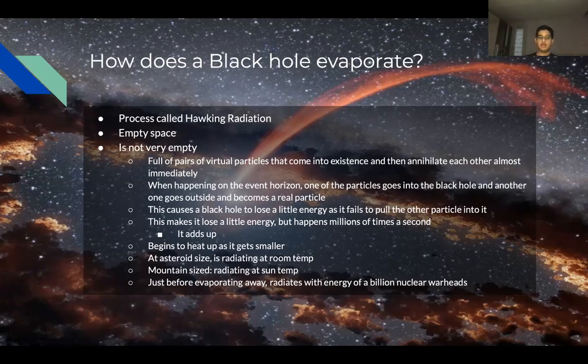And just before it evaporates away, it radiates the energy of a billion nuclear warheads, or a supernova. So when a black hole dies, it basically goes supernova, to put it simply, without anything actually exploding in the common sense. Just the energy of a supernova is released. That's all you need to know.